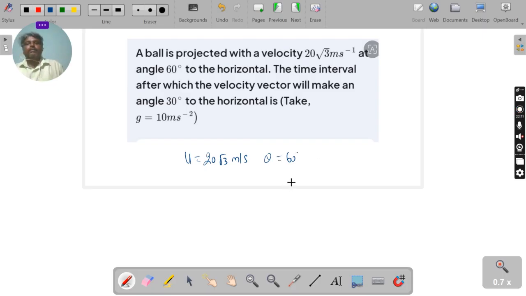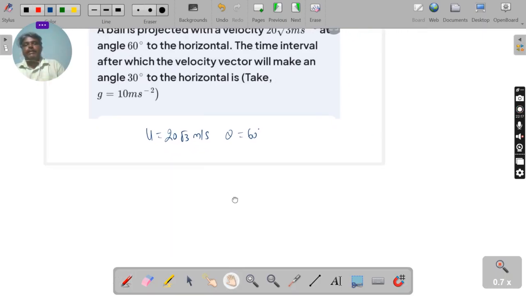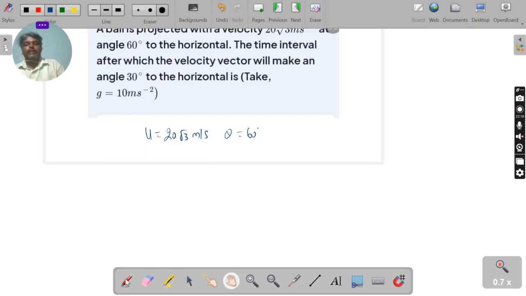Find the time interval after which the velocity vector will make an angle of 30 degrees. He is asking at what time the velocity angle becomes 30 degrees. This is my projectile, and at any time this is my velocity U dash.